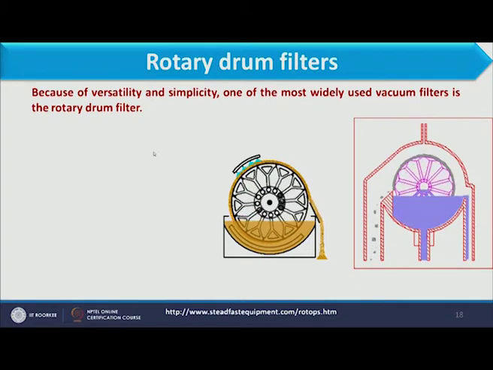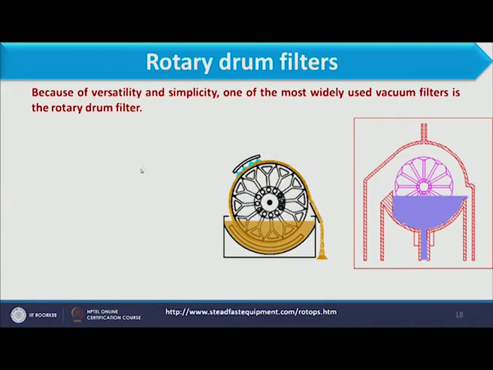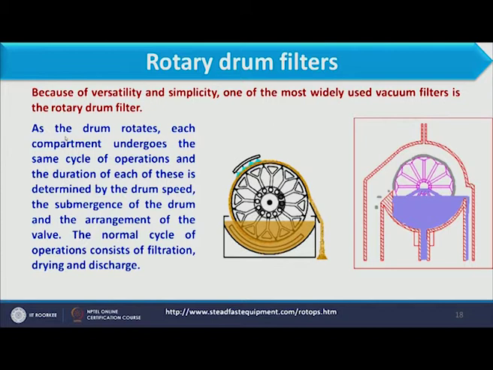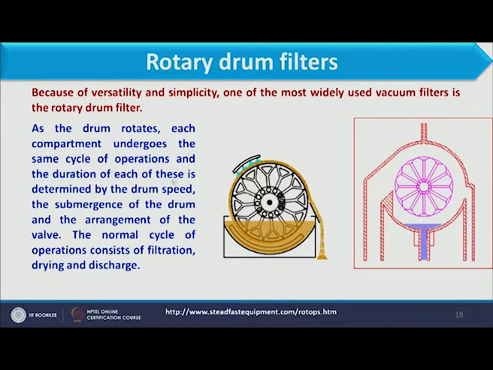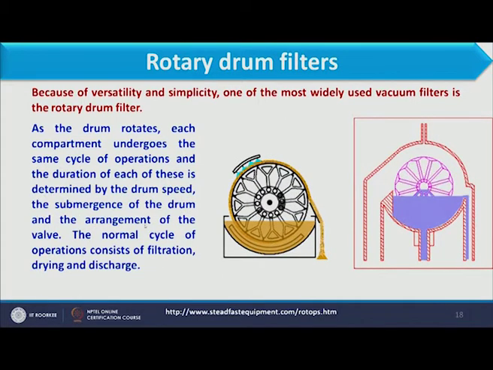Because of versatility and simplicity, one of the most widely used vacuum filters is the rotary drum filter. As the drum rotates, each compartment undergoes the same cycle of operation, and the duration of each step is determined by the drum speed, the submergence of the drum, and the arrangement of the valve.